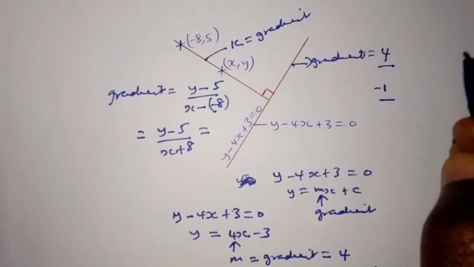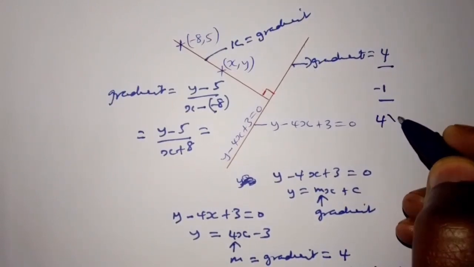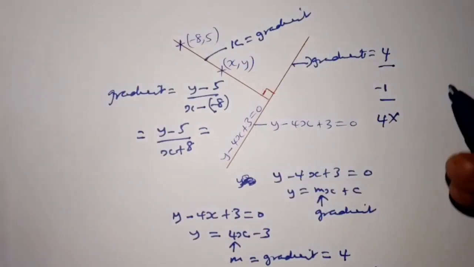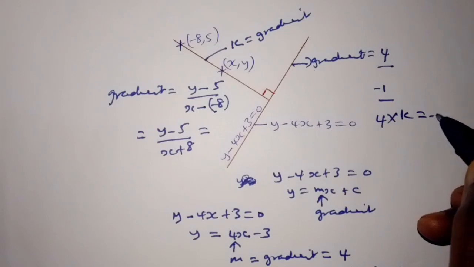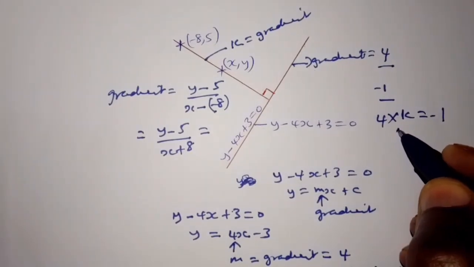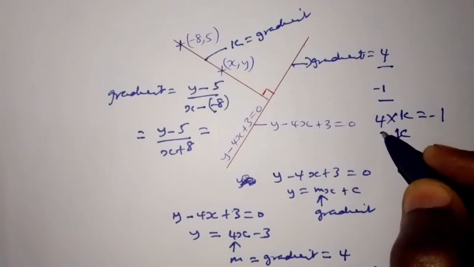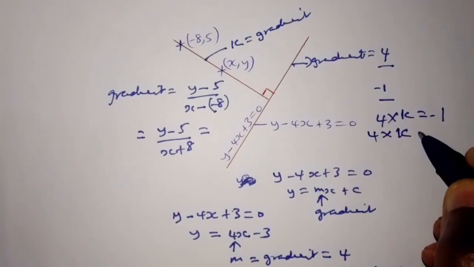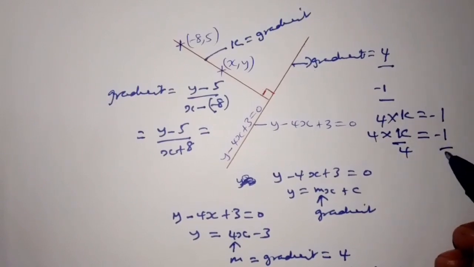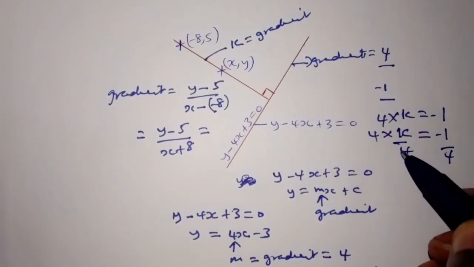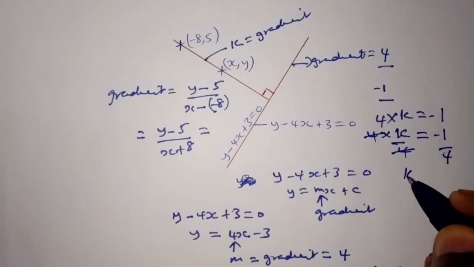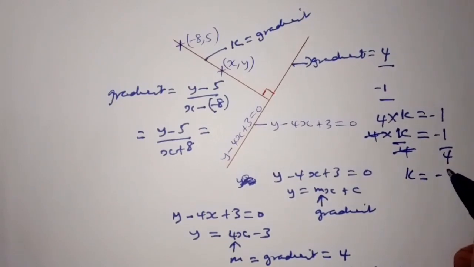So 4 times k is supposed to give us -1. We can divide both sides by 4. So 4 cancels 4. k is equal to -1 over 4.